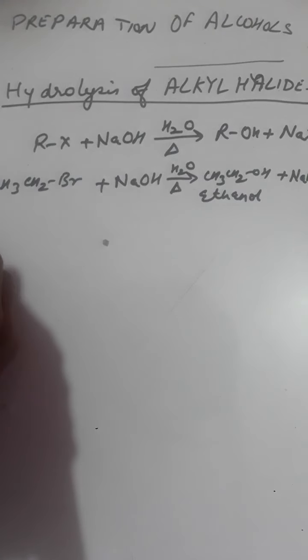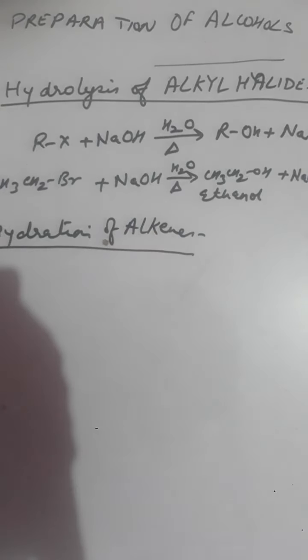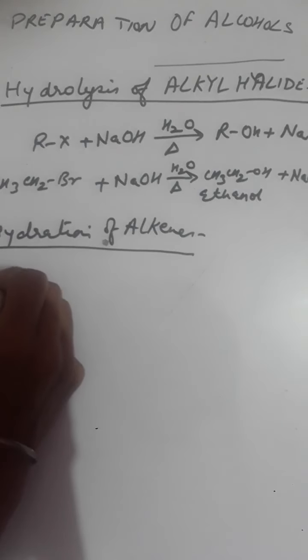The second method which we are taking is by the hydration of alkenes. When alkenes are treated with sulfuric acid, they form alkyl hydrogen sulfate, which on hydrolysis will give the alcohols. Let's take an example.